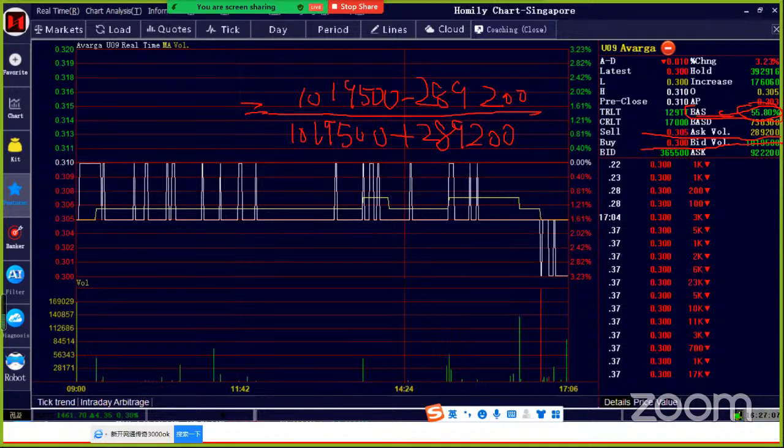This bias will keep changing during the trading. The higher the bias, the more buying power. The lower or even negative the bias, the more selling pressure. But this bias keeps changing during the day.